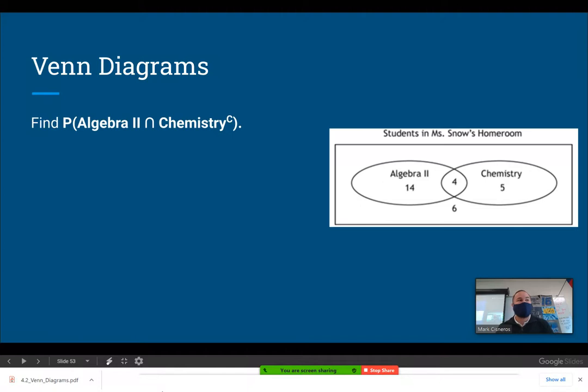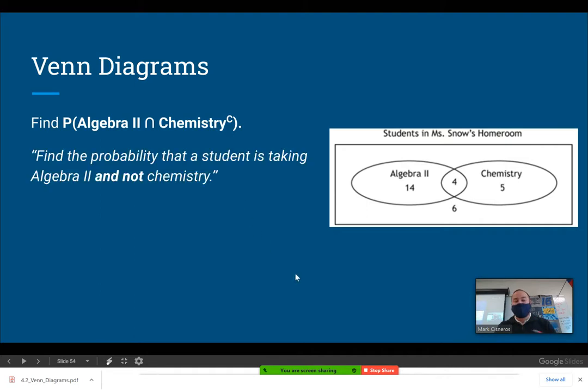Christian, what do you think? Probability of algebra 2. What does this mean? And. But chemistry with the C means and not chemistry.